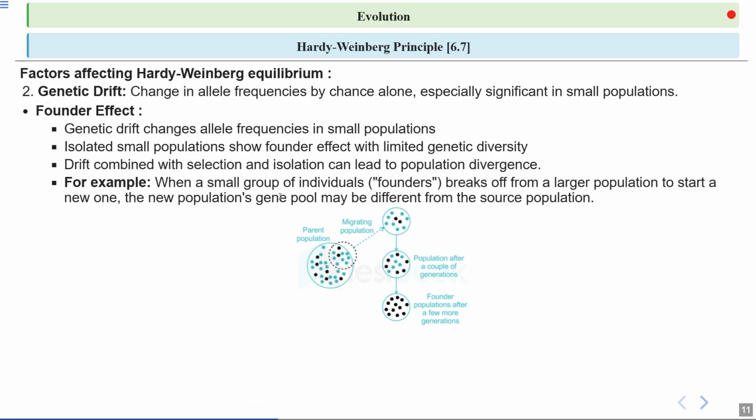These small groups of individuals which initially migrated are known as the founders. Founders will form the founder population. So this can also lead to change in the allele frequencies. Now let's move on.